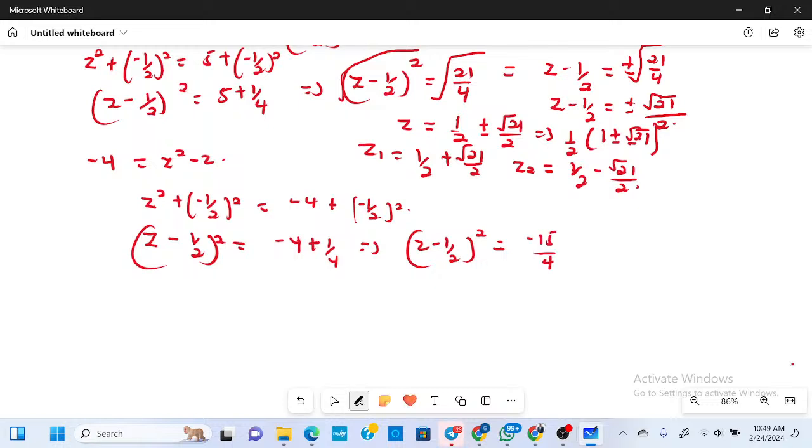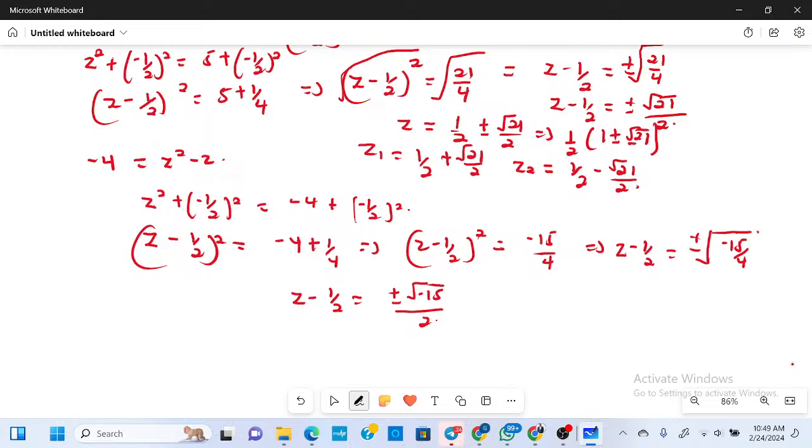Then after I take the square root on both sides, it will cancel this squared, and I'm going to have z minus half to be equal to the square root plus or minus here negative 15 on 4. So this simplifies as z minus half on the left side plus or minus square root of negative 15 on 2.